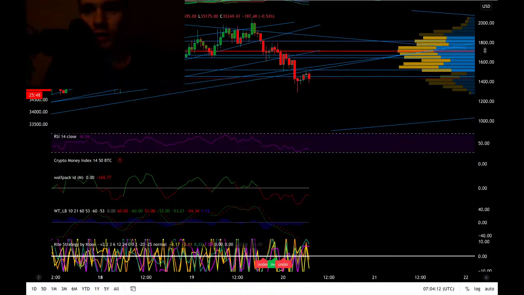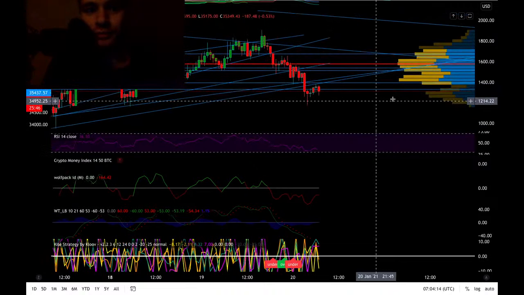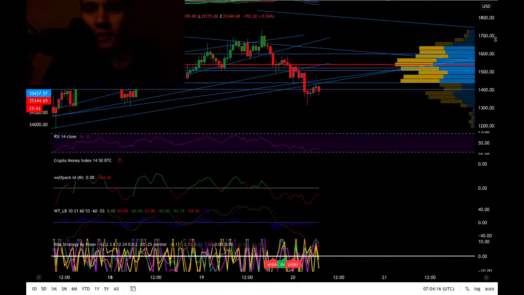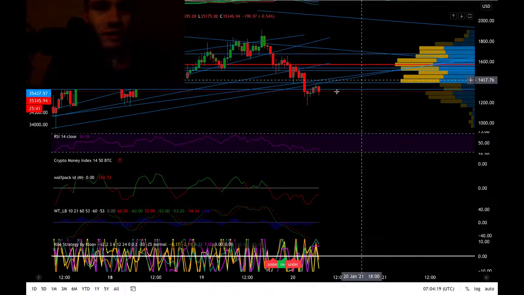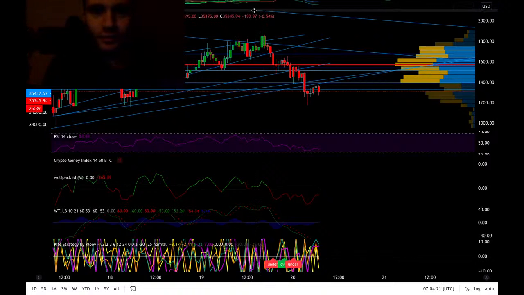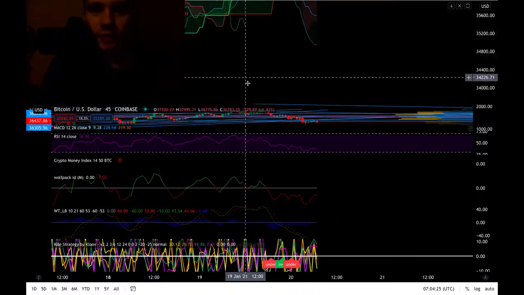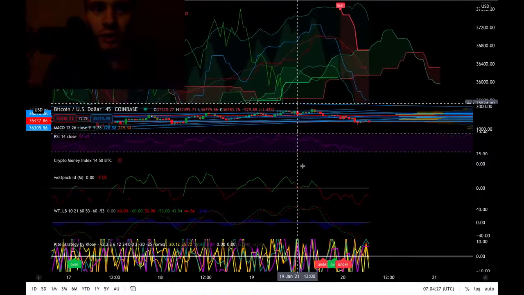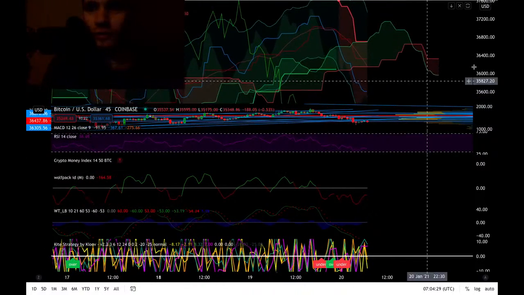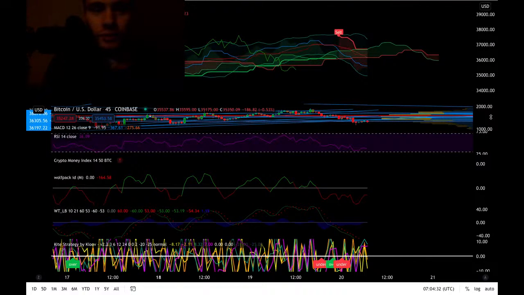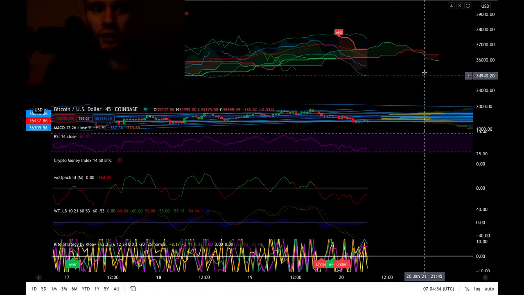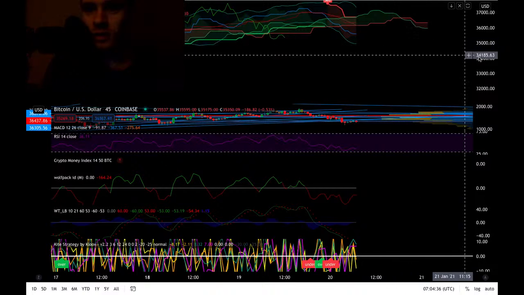What the heck is going on? I think we loaded up too many different indicators and it broke the charts. That is so weird. I literally think we broke TradingView. It literally could not handle all the different indicators.